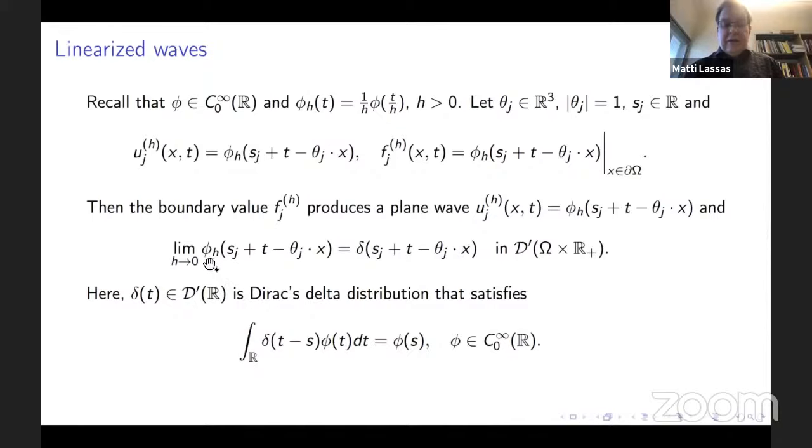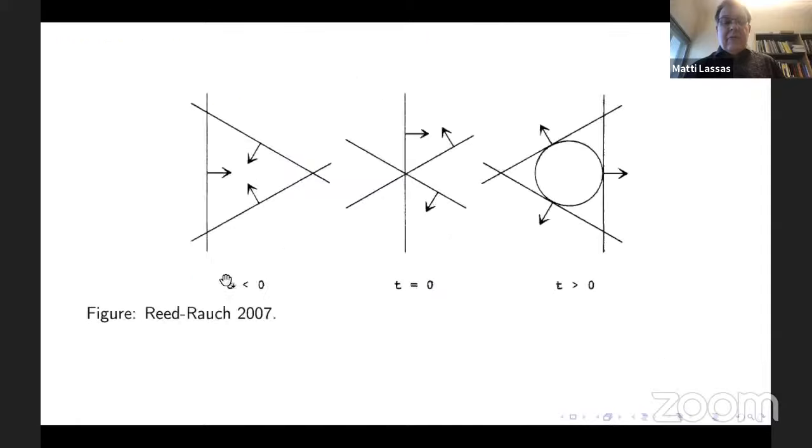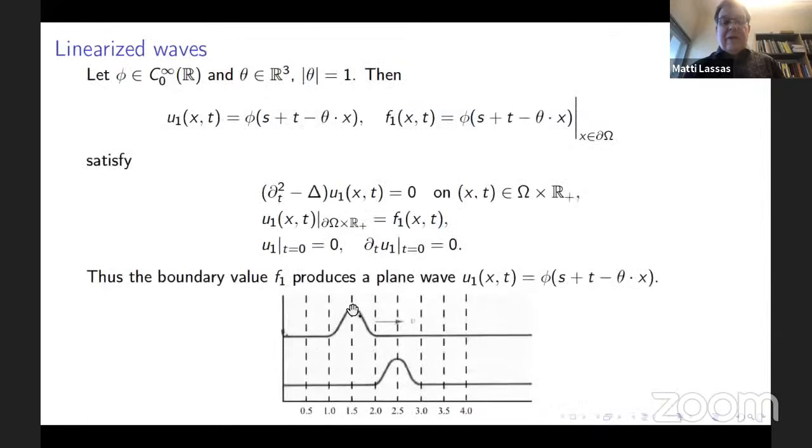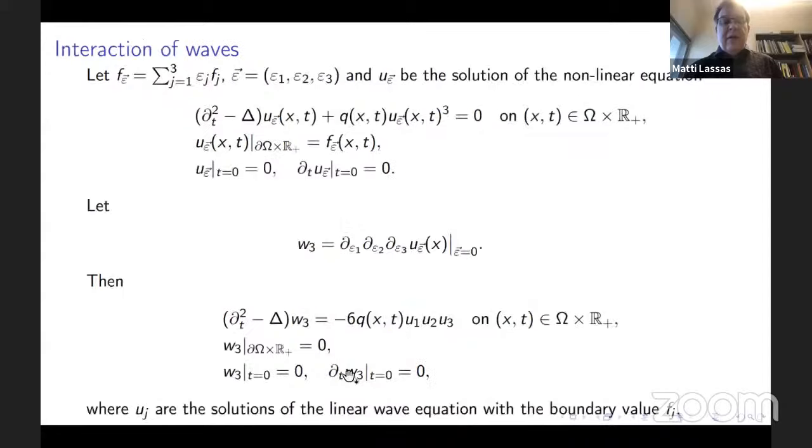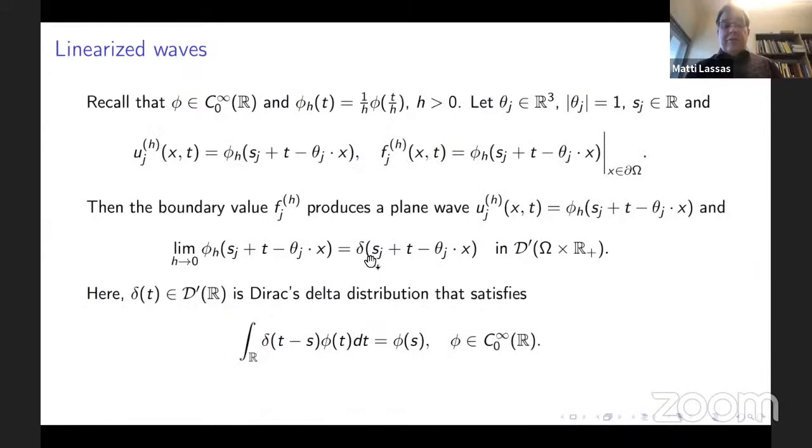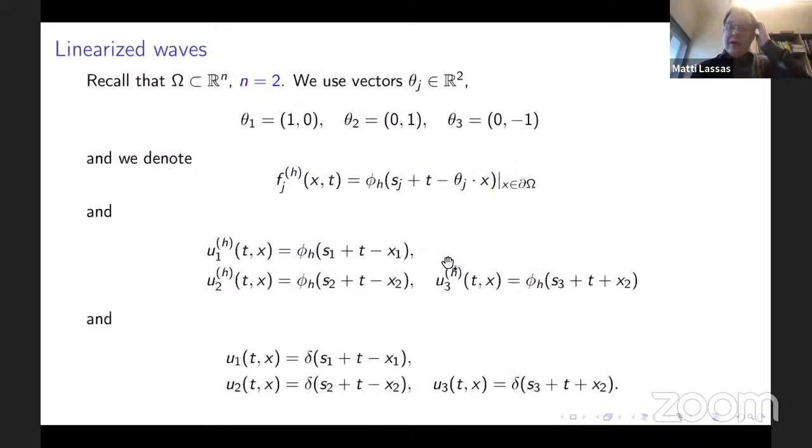So anyway, with these boundary functions, when h goes to 0, the pulses get shorter and shorter, and this becomes an infinitely short and infinitely high pulse. Mathematically, that is a delta distribution. So we can consider delta waves that are propagated. Let's choose the directions.